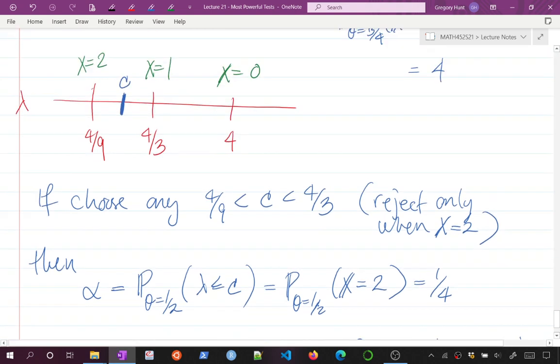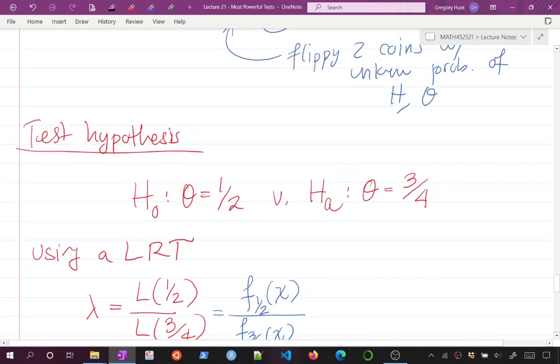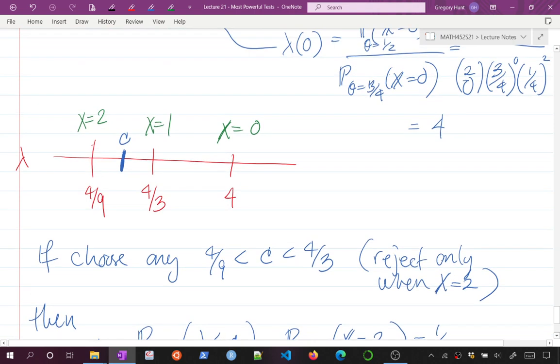But if I wanted to test this hypothesis, I'm going to flip 2 coins and I want to test this really simple hypothesis of the probability is 1/2 or the probability is 3/4, which should I favor? If I want to control my type 1 error to be 1/4, then the UMP alpha test would be to do the LRT and set my C at any value between 4/9 and 4/3.